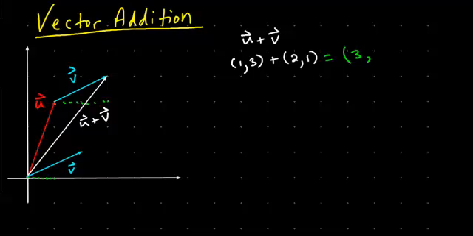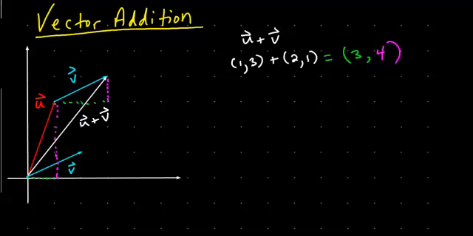And then in the vertical direction, the vector v goes up 1, and the vector u goes up 3, so it's going to be 4.